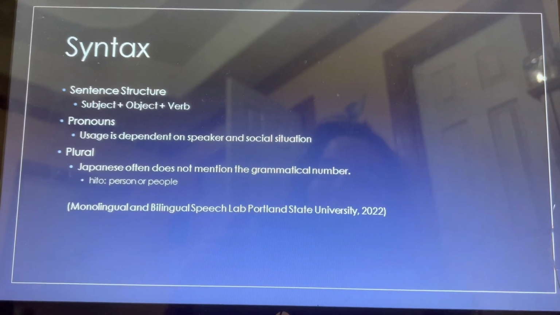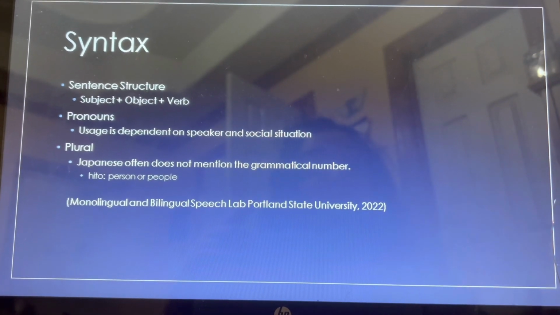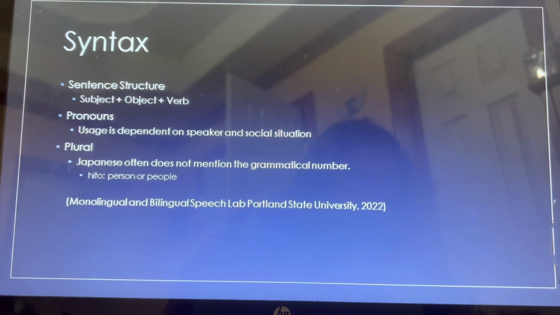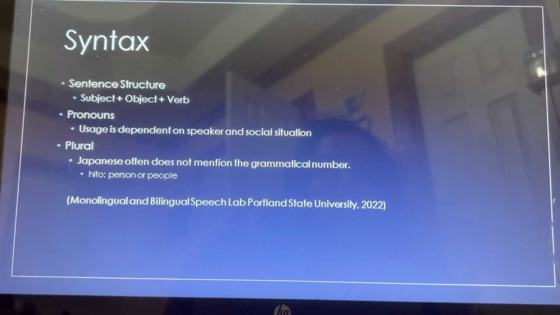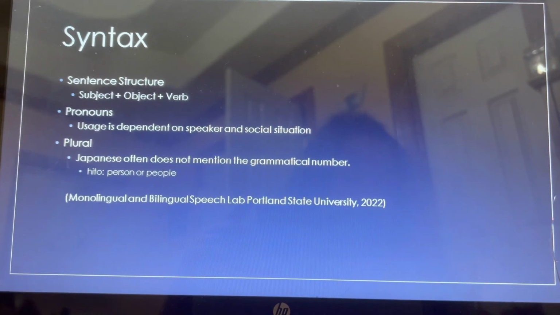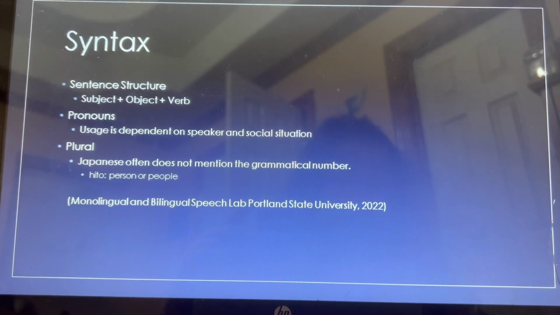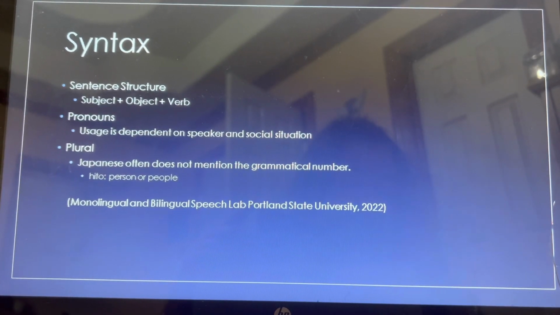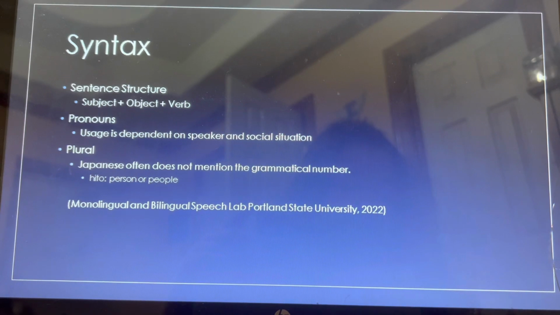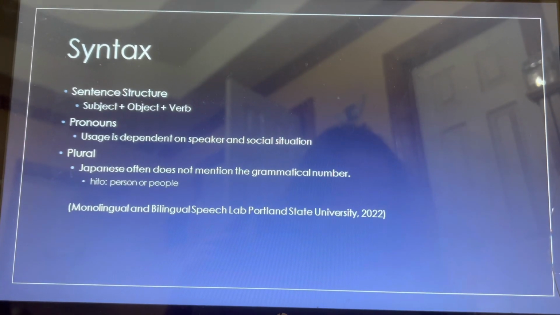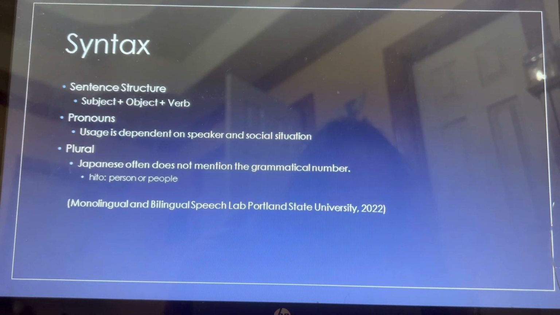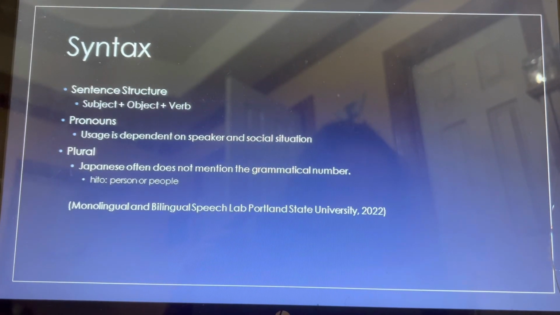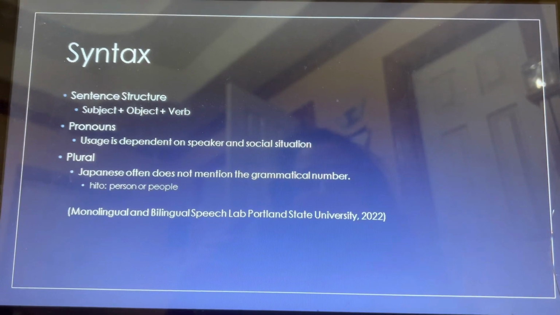It's nothing too drastic, such as in the Japanese language, where pronoun usage depends on who is speaking, so who's the speaker, and what the situation is between the two of them. So me as a woman speaking about myself to another woman who's maybe a family member is going to sound a lot different compared to if I were talking about myself to maybe a man that I'm unfamiliar with.